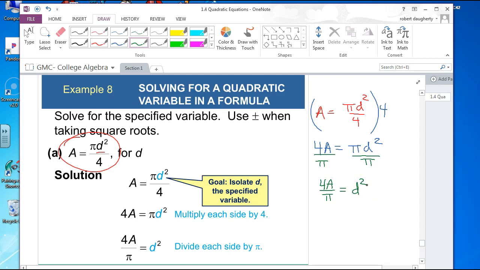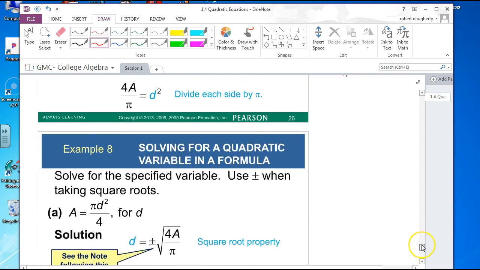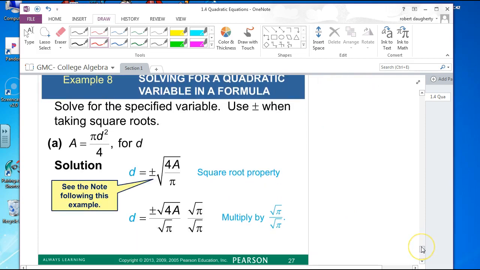Now to take the square root of both sides, that's going to give me d is equal to, remember when I take this, I'm going to have plus or minus the square root of 4a over pi. So I've got two answers for that. D is equal to plus or minus the square root of 4a over pi.